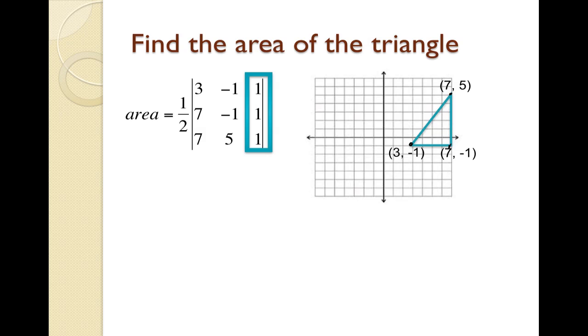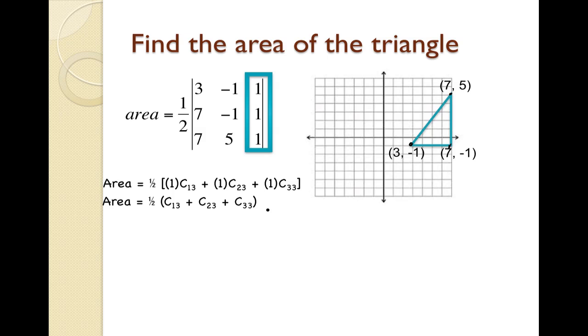So that means that my area formula is going to be set up as 1/2 times 1 times the cofactor of row 1, column 3, plus 1 times the cofactor of row 2, column 3, plus 1 times the cofactor of row 3, column 3. So I can get rid of those 1s and make it even easier. That's why I chose that column, to make it easy on myself. So now we've just got the area equals 1/2 of the sum of those 3 cofactors.